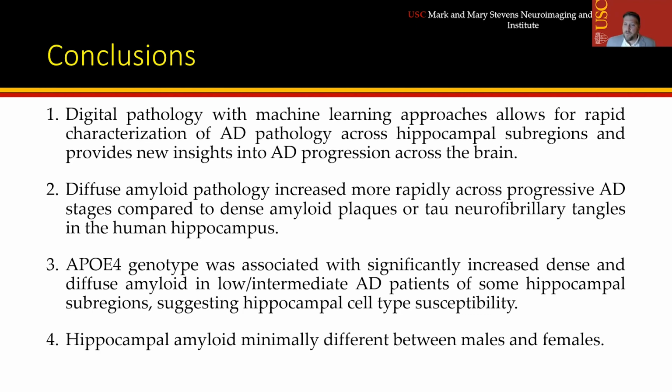We found that the APOE4 genotype was associated with significantly increased dense and diffuse amyloid in some of the low and intermediate Alzheimer's patients, suggesting that there are very specific cell types which are susceptible to the pathology in these areas. And finally, we found very minimal differences between males and females as far as the presentation of the amyloid pathology.